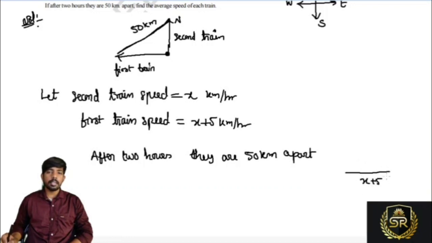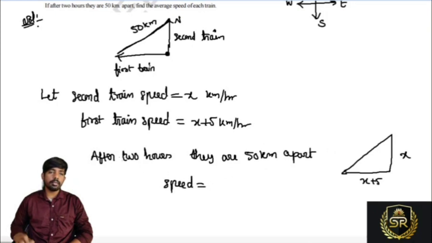Here x plus 5 is the speed, and the second train speed is x. So this distance is given, 50 kilometers, but we are considering kilometers per hour, right? So we are considering speeds, not distances, in the right angle triangle.